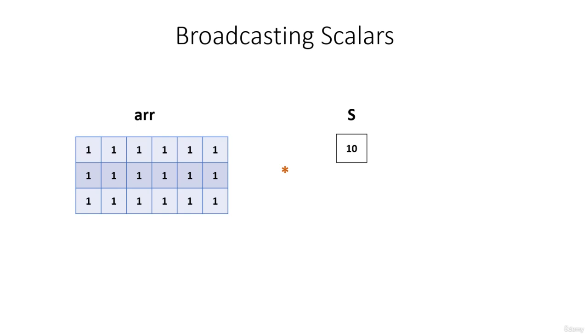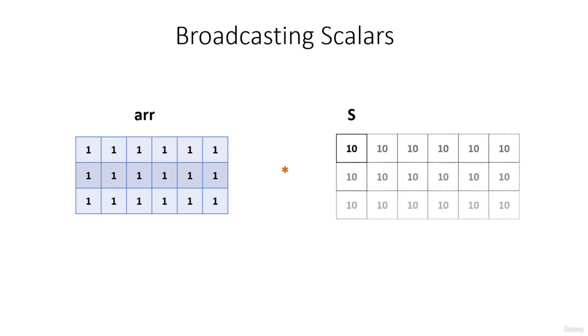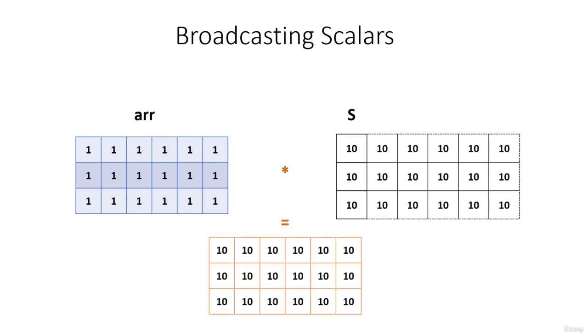An element-wise multiplication can be performed. And finally, the result is displayed below. So the scalar 10 has been stretched to match the shape of the array so we can get the result.